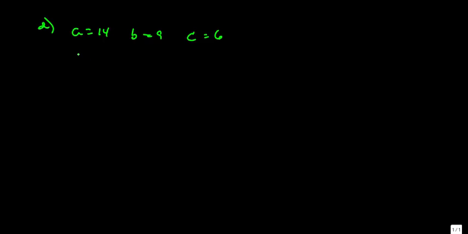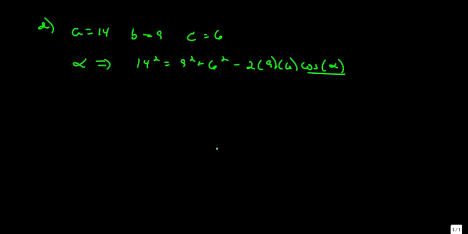you can't use it. So when we want to find an angle, let's say we want to find alpha, what we do is we put A on the other side, we put B and C, and we want to solve for this.